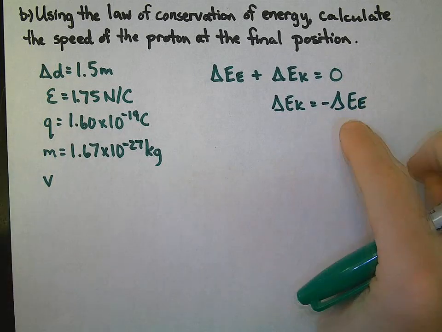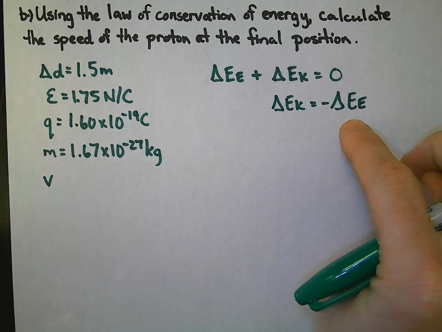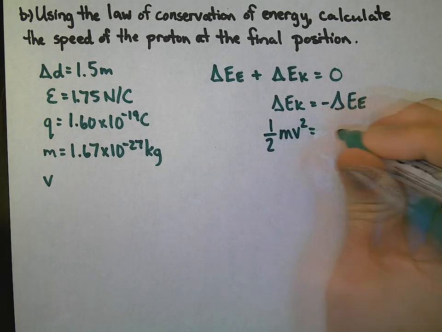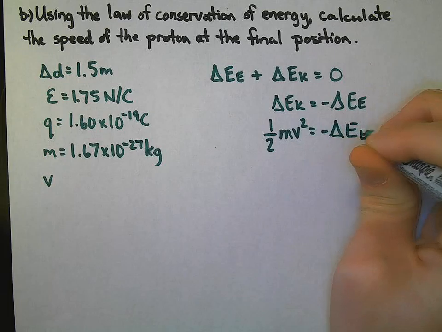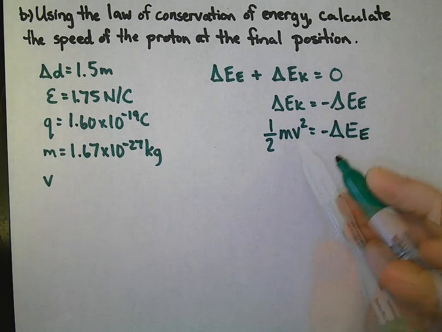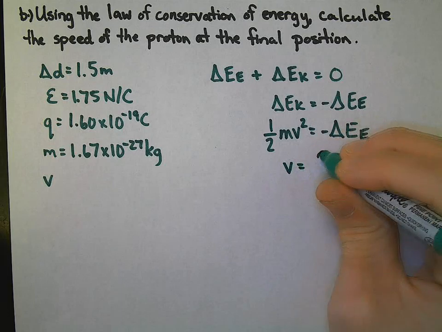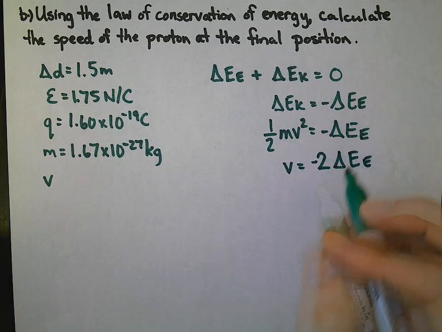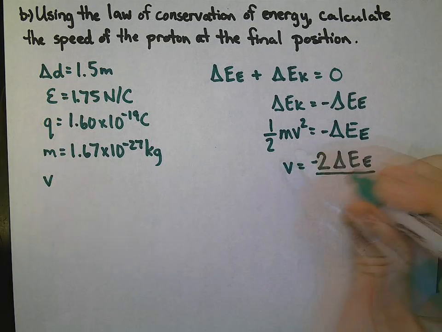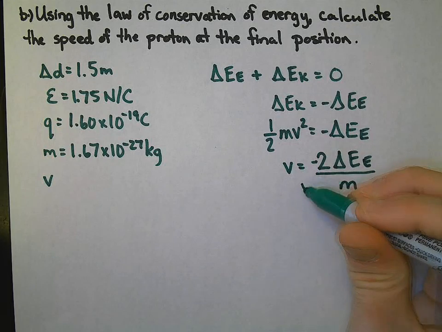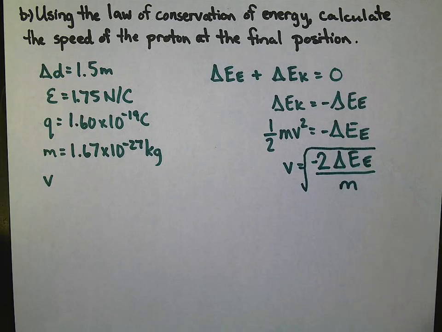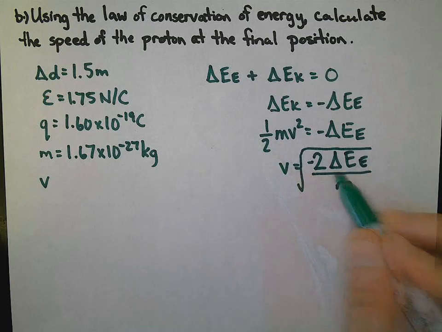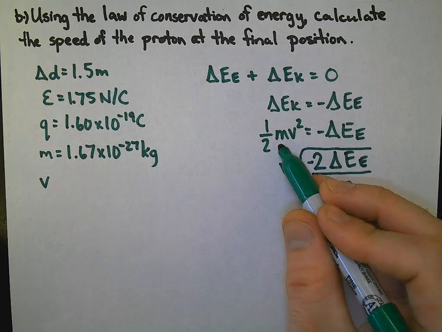And I'm going to keep the electric potential energy as it is just for one moment, because we know that our kinetic energy is 1/2 mv squared. And because I'm calculating V, it is simply going to be 2 multiplied by negative EE, so we have negative 2 delta EE, all over our mass, and we will square root that. Multiplied by 2 because 1/2 is a fraction here. We're dividing by our mass because we need to isolate for V.